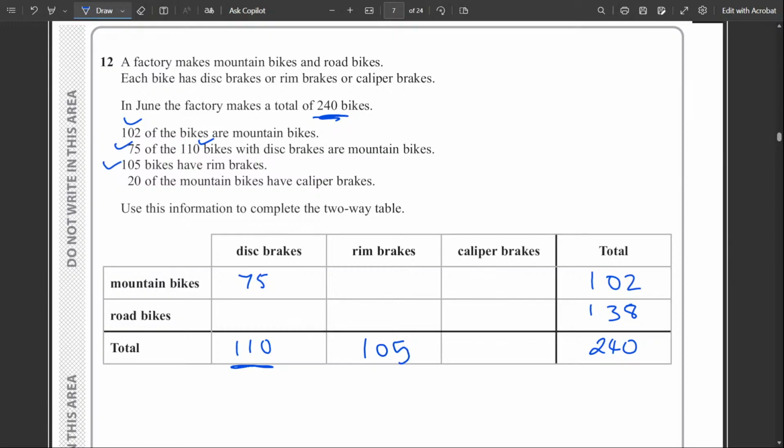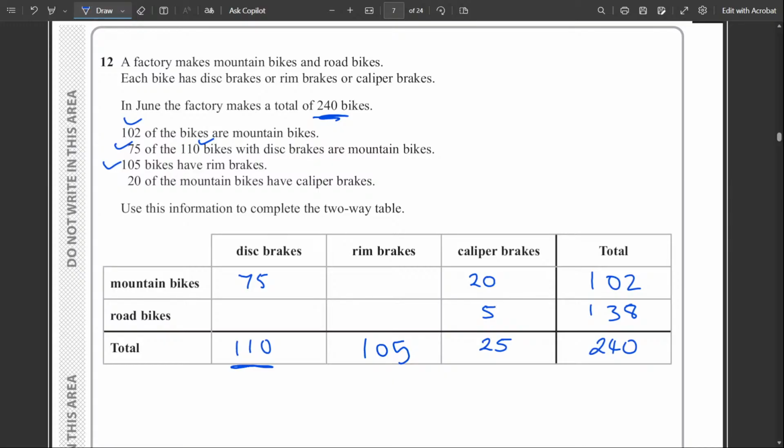So now I can work out caliper brakes, because 110 and 105 gives you 215. So the caliper brakes has to be 25 to add up to 240. 20 of the mountain bikes have caliper brakes. So that has to be 5.